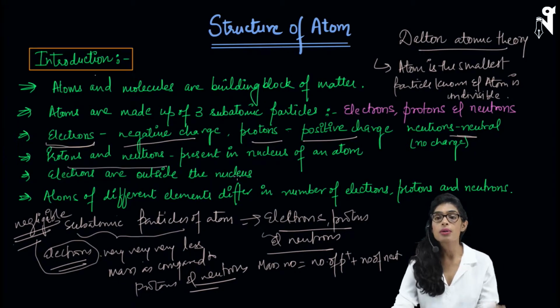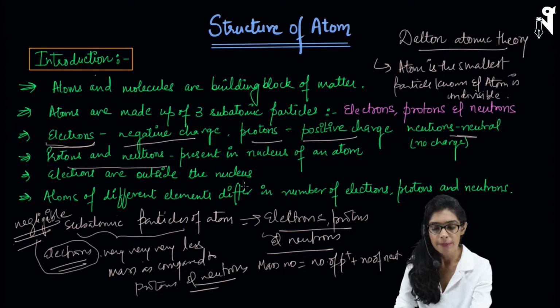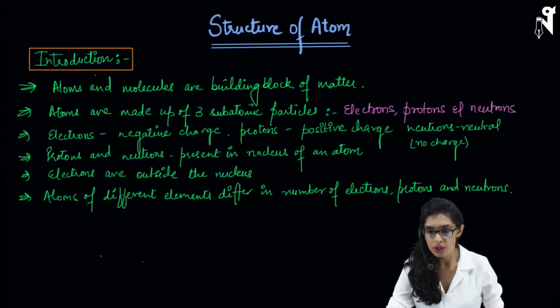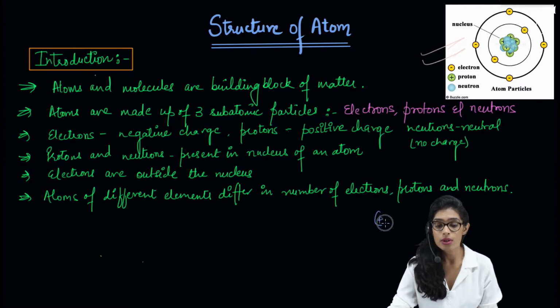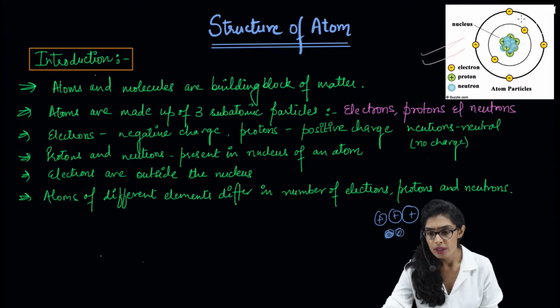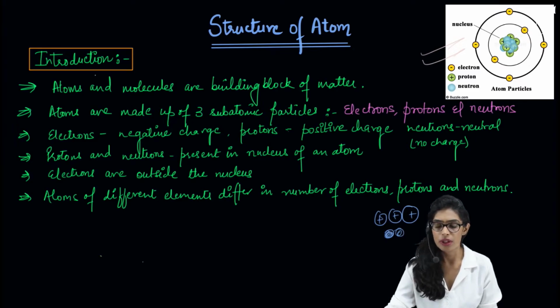Now let's talk about the positioning of protons, neutrons, and electrons. Let's see how the positioning looks. When we are talking about the atom, just look at this structure, or diagram. Here in the center, you can see there are some positively charged particles being shown, and then there are some blue circles which have no charge on them. Let me take a different color pen.